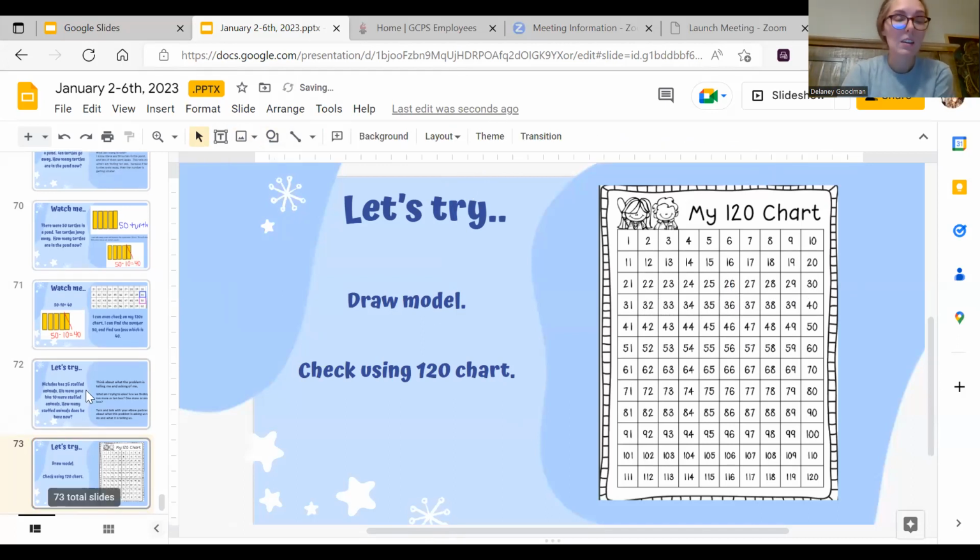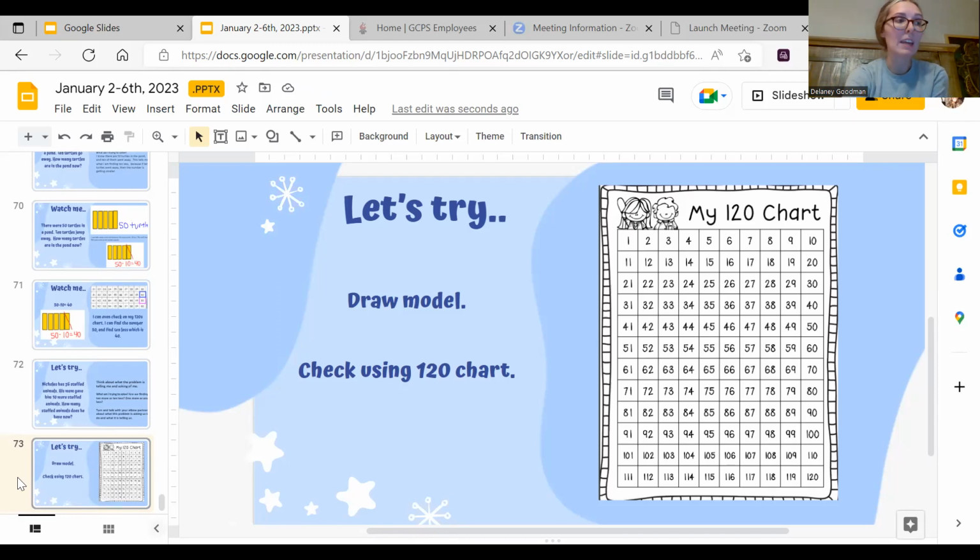Yes, it is. Boys and girls, do you see how we took what we learned yesterday about the 120s chart, and then we took what we knew about base 10 blocks and how we can draw them, and we used both of them to help us solve these problems.